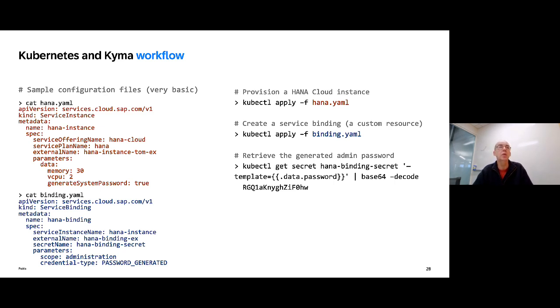Well, the next thing you do is to create a service binding. So the dark blue here on the left, we've got a YAML file to do that, binding.yaml. You use kubectl apply binding.yaml, and that'll generate a password.